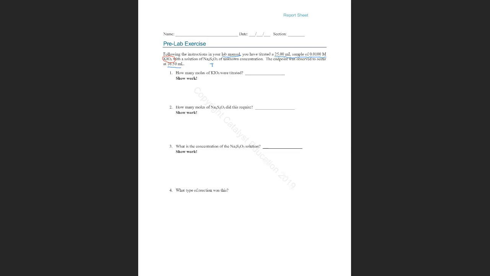When you look at your write-up, this is the chemical equation. 1 mole of iodate reacts, it's given in the procedure, with 6 moles of thiosulfate, added to an acid, to produce iodide plus 3 moles of S4O6 2 minus.